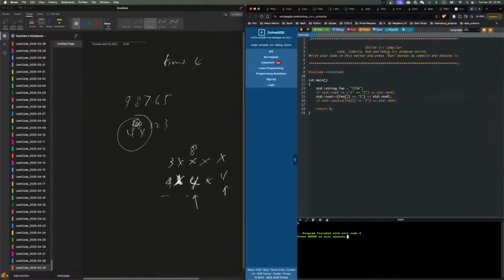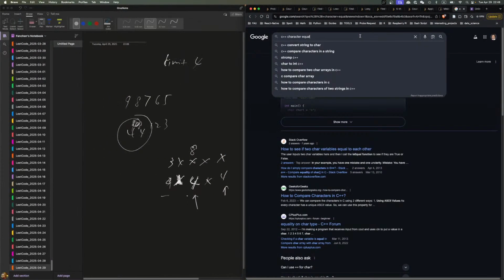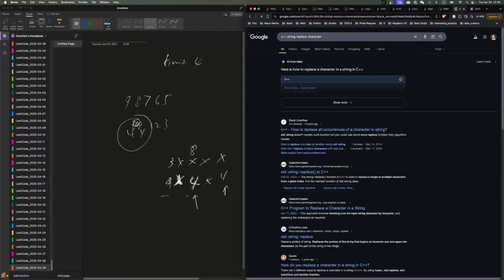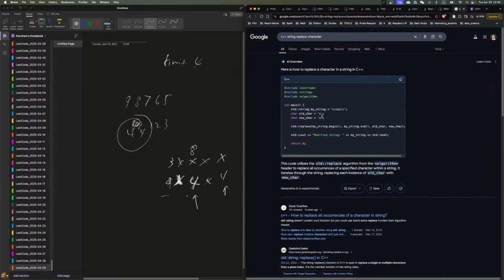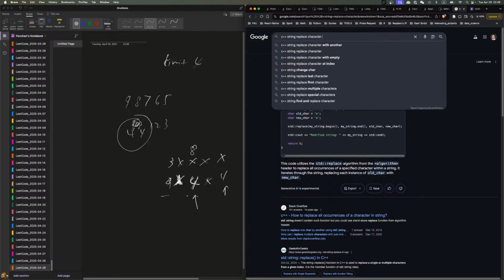Can we string replace character? I don't know. Is it possible? Char dot replace. I see. I can use that. I cannot use that. This is replace every single one. Replace at index.